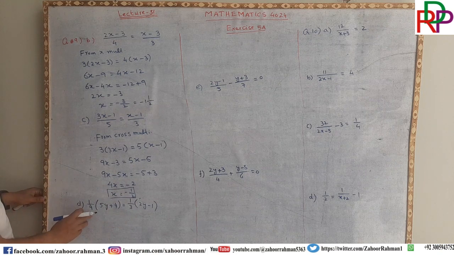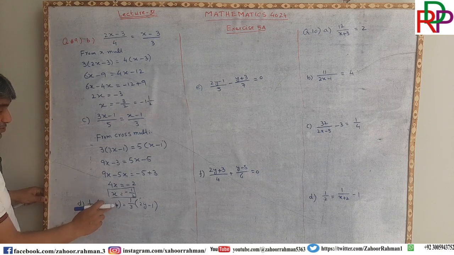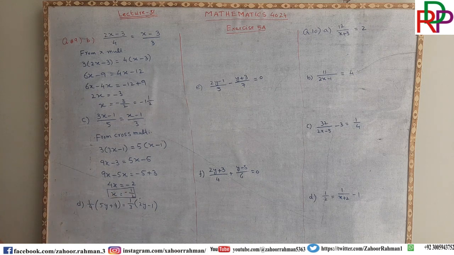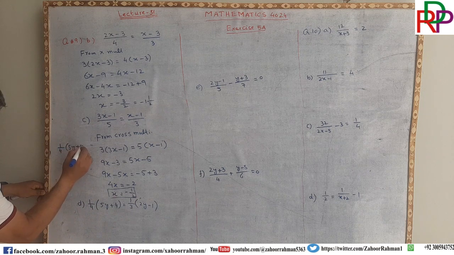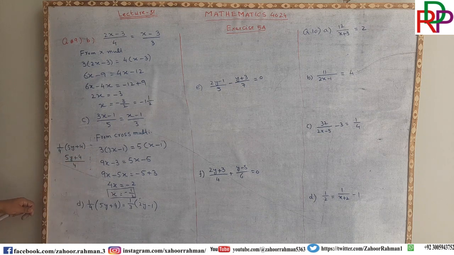Now, first of all, you can do the cross multiplication again, because this is 1 over 4 into 5y plus 4, meaning 5y plus 4 whole divided by 4.